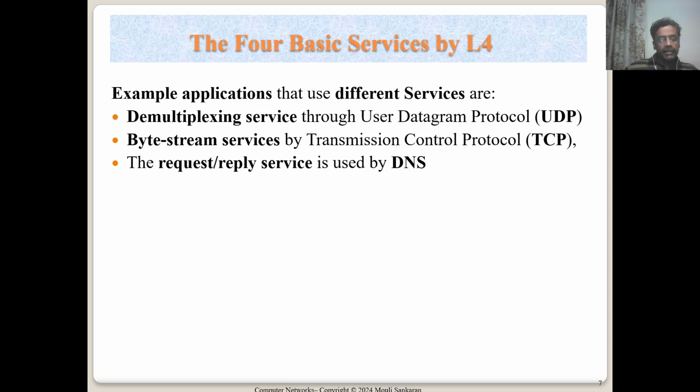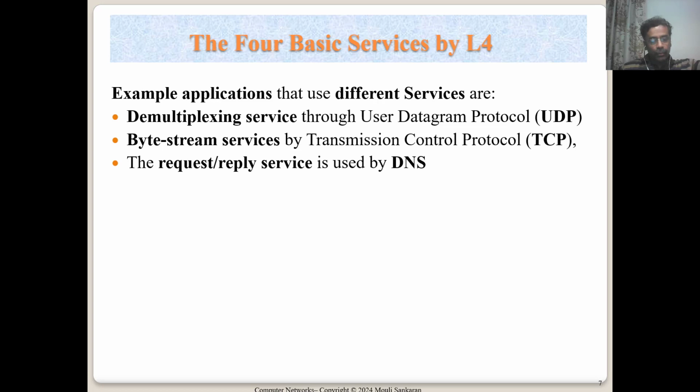Maybe you will be configuring it as 8.8.8.8, or some other DNS server which is configured in your machine. It goes to the DNS server saying that I am interested in getting to know the IP address of the web server which is running for this particular website I am looking for. It could be google.com, or YouTube. If you don't know where it is hosted, the machine where it is hosted, then the IP address of that machine is required.